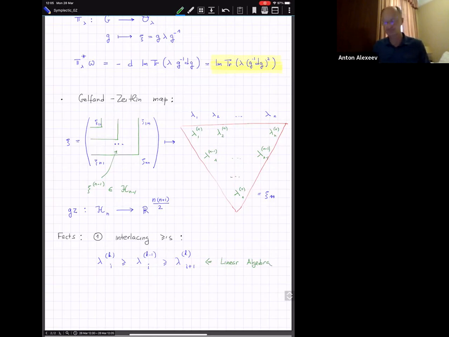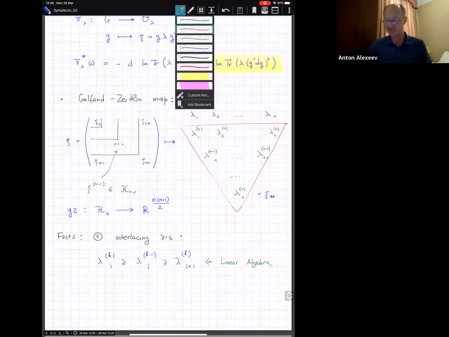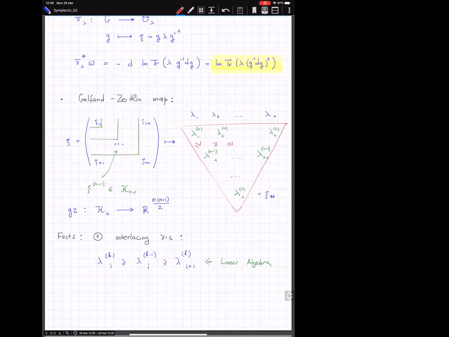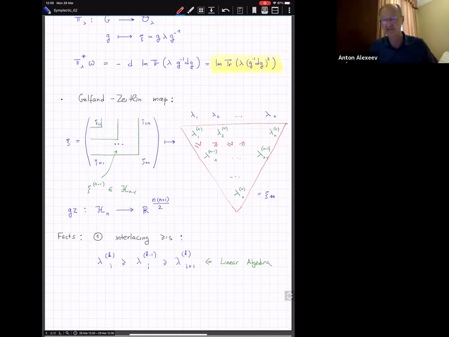So I guess you people probably know how to prove it. By the way, Musa, do you know how to prove such things? I guess by some conjugation to some standard form. I don't know. Think about it. Of course, this is first year linear algebra, but it's an interesting question.